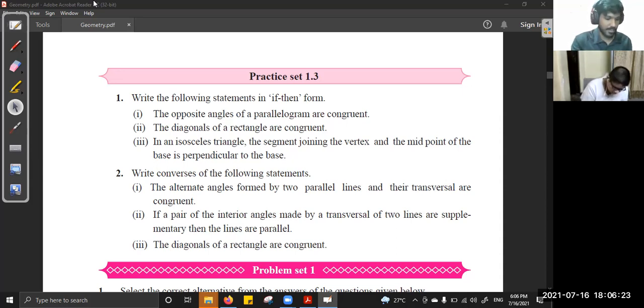If the alternate angles made by the transversal with the two lines are congruent, then the lines are parallel.